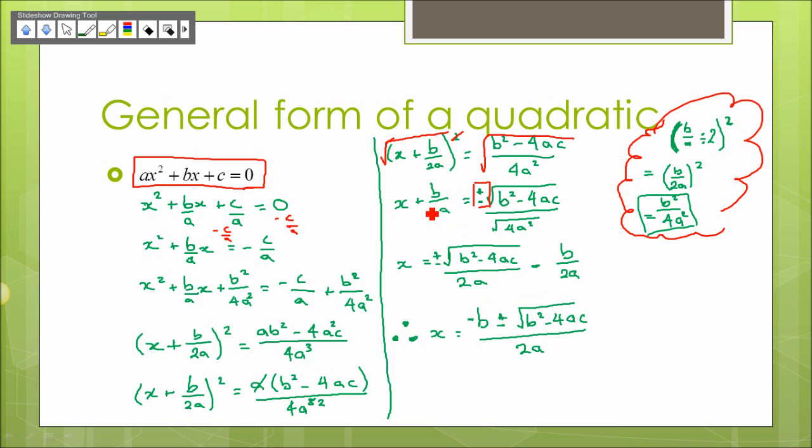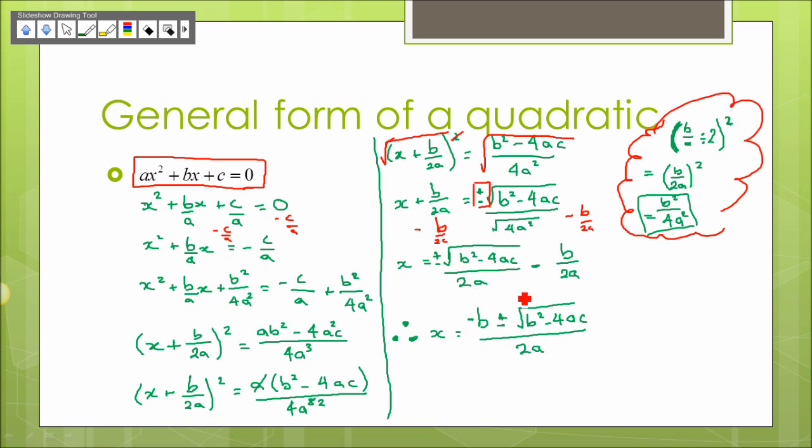Also in that same step, I moved this b over 2a over the other side, and so I got minus b over 2a, because I subtracted b over 2a from that side, and I got the previous fraction, and then it's just the minus b over 2a from here.